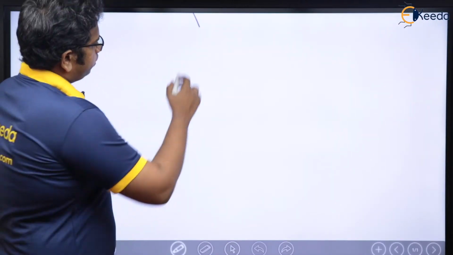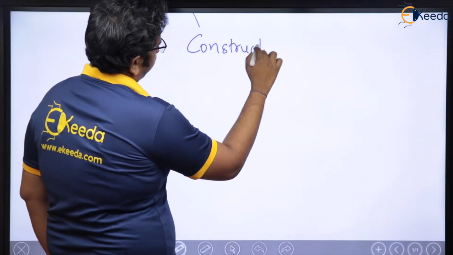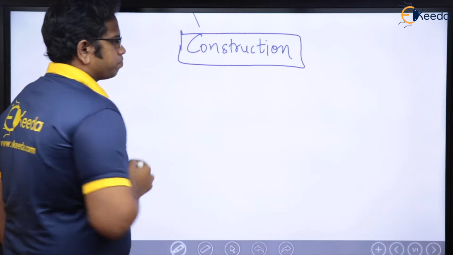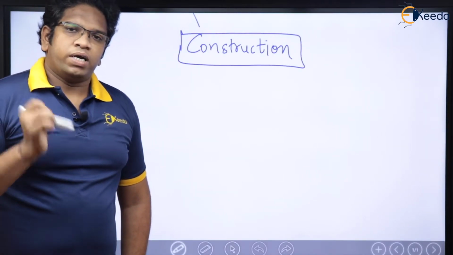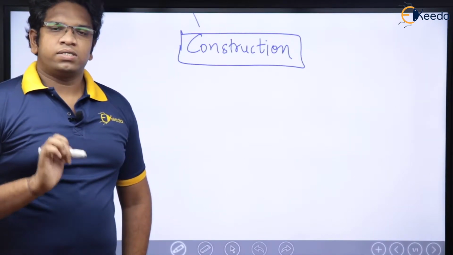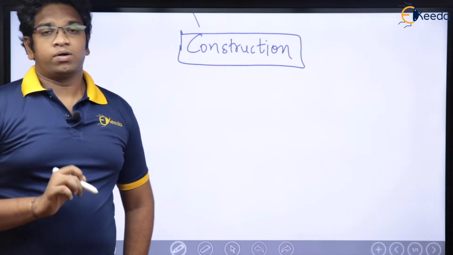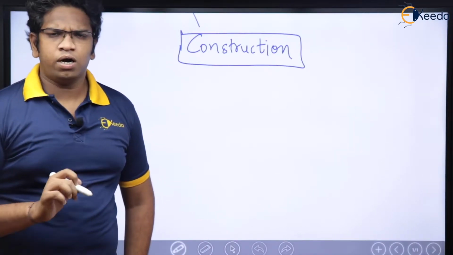Now, if you think of the construction, basically what is a BLDC motor? A BLDC motor is nothing but a three-phase synchronous motor whose rotor is a permanent magnet. How? Let us see.